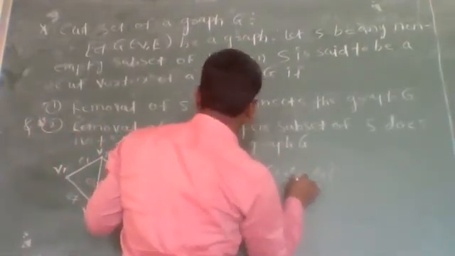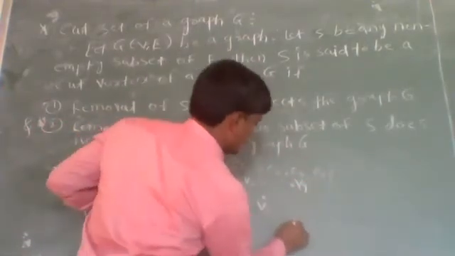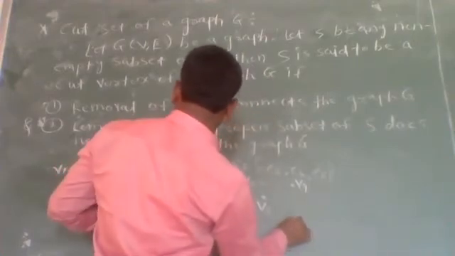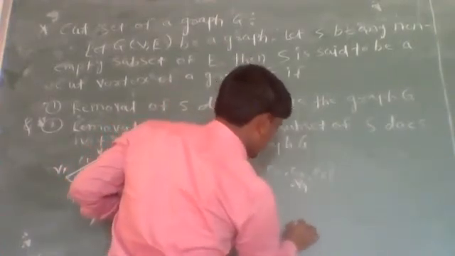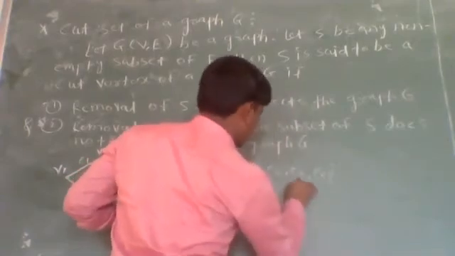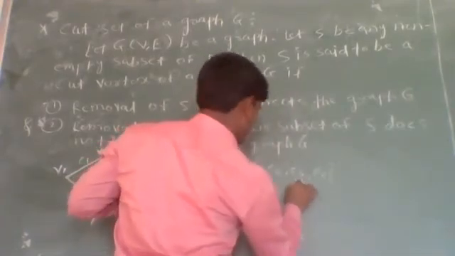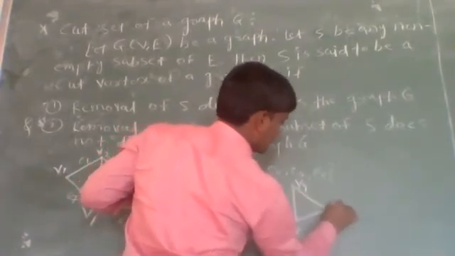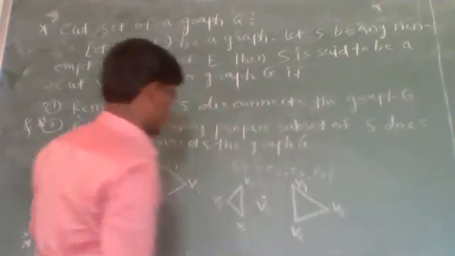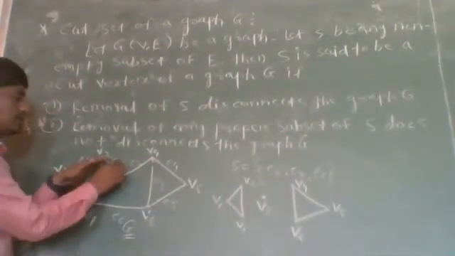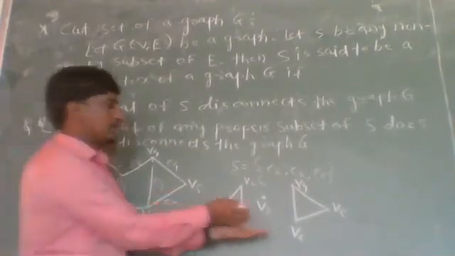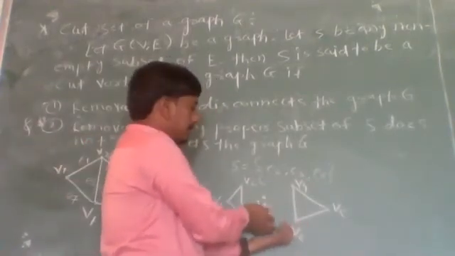This one is the vertex V4. So we have to remove three edges from graph G, that is edges E2, E3 and E6. Then this graph becomes a disconnected graph.